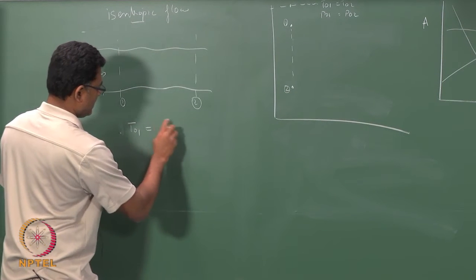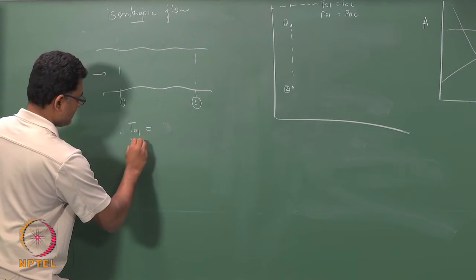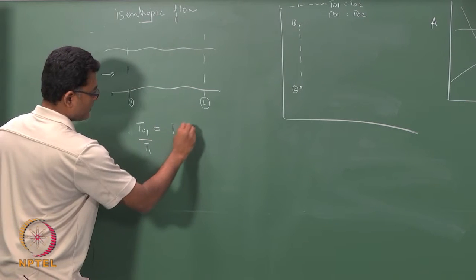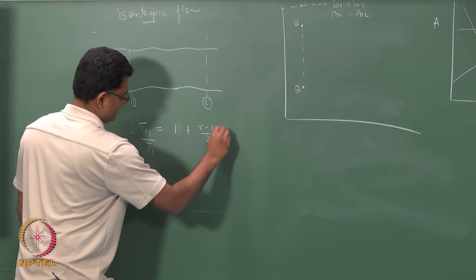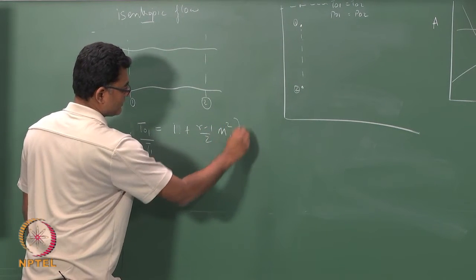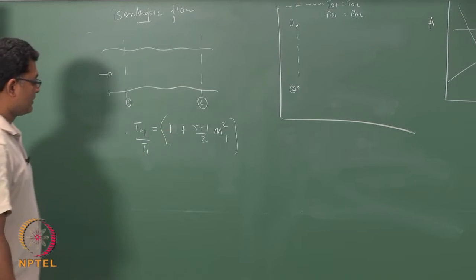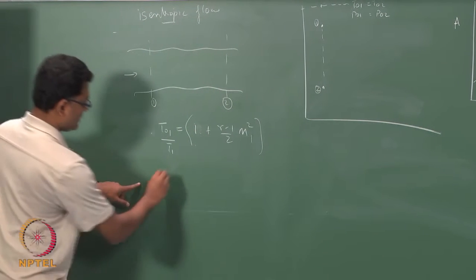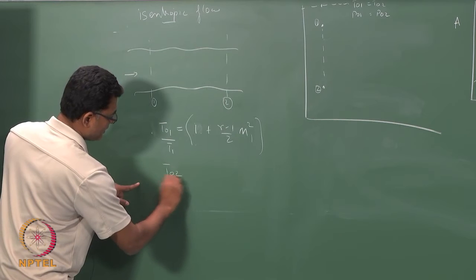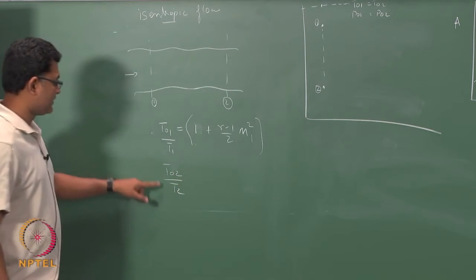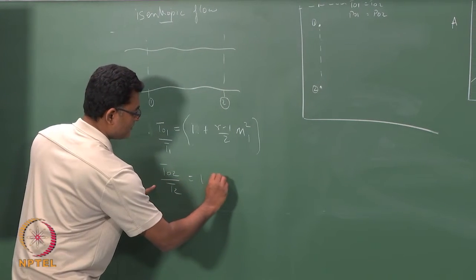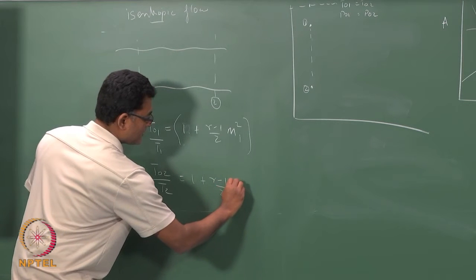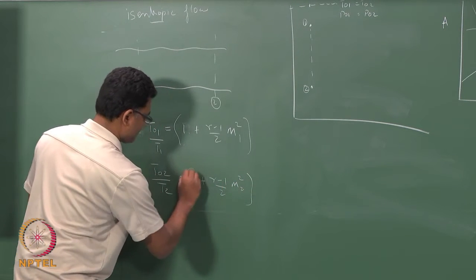T01 by T1 is 1 plus gamma minus 1 by 2 M1 square. Likewise, point 2 has this relation. Okay.